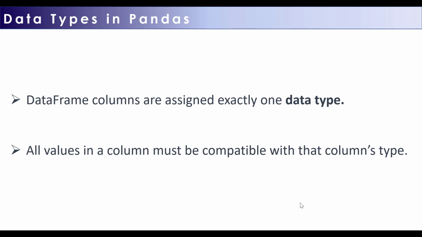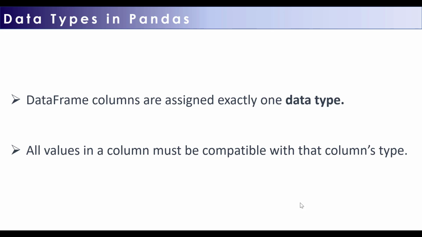And to that end, once a data type has been assigned to a column, all values in that column must be compatible with that column's data type. If you've done any work with databases, this may remind you a bit of how much more restrictive databases are than Excel spreadsheets, for example, when it comes to what kind of data you can store in what column.